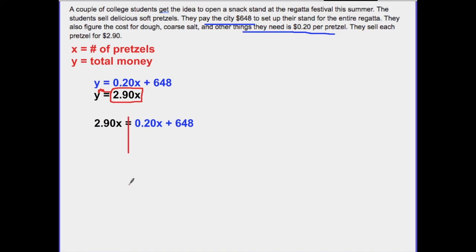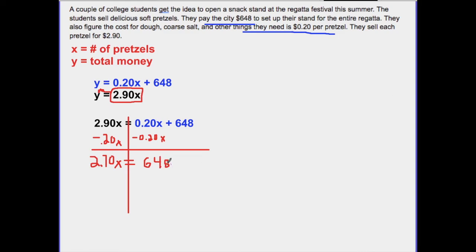All right, so then we have to remove those x's so that we have our variable only on one side. So remove this 20 cents times x. So we have to do that on the other side as well. So then I'm going to have 2.7x equals 648.